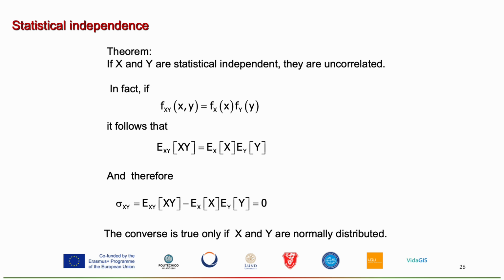If two variables are uncorrelated, you cannot state that they are also independent. This holds only for variables that are normally distributed. If you have x and y that are normally distributed and they are uncorrelated, that means the correlation coefficient is 0, so they are also statistically independent. But this holds only for normal distributions.